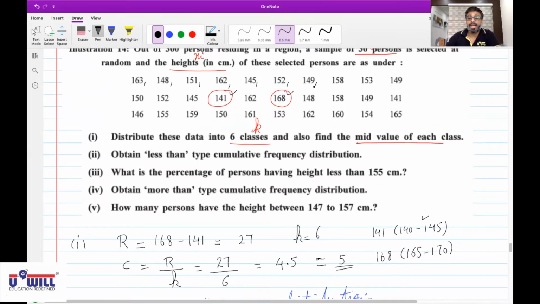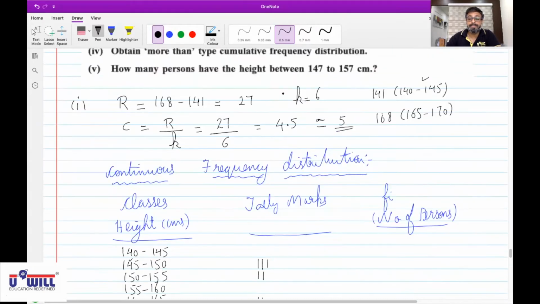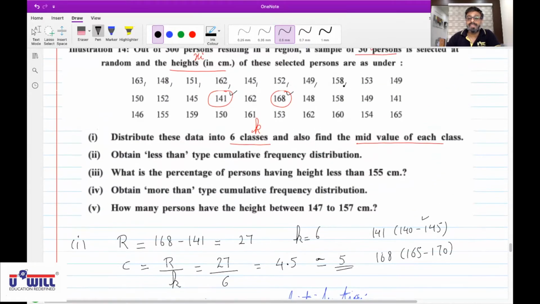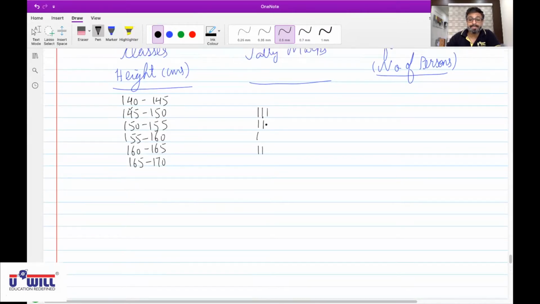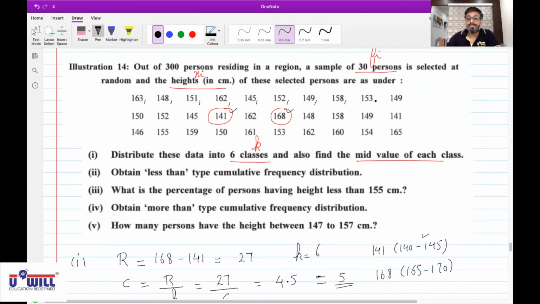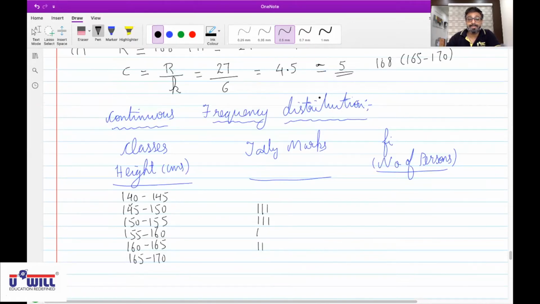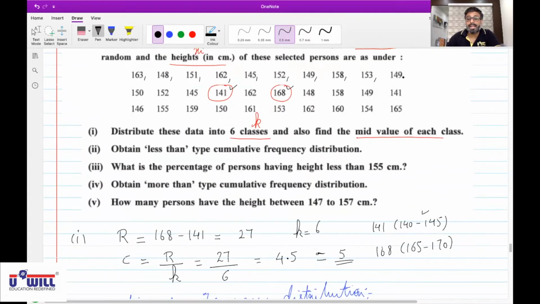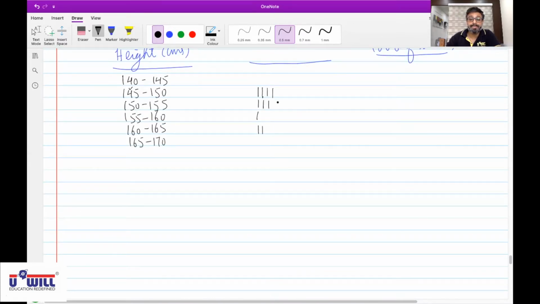Then 149, 145 to 150. Then 158, 155 to 160. Then 153, 150 to 155. Then 149, 145 to 150.